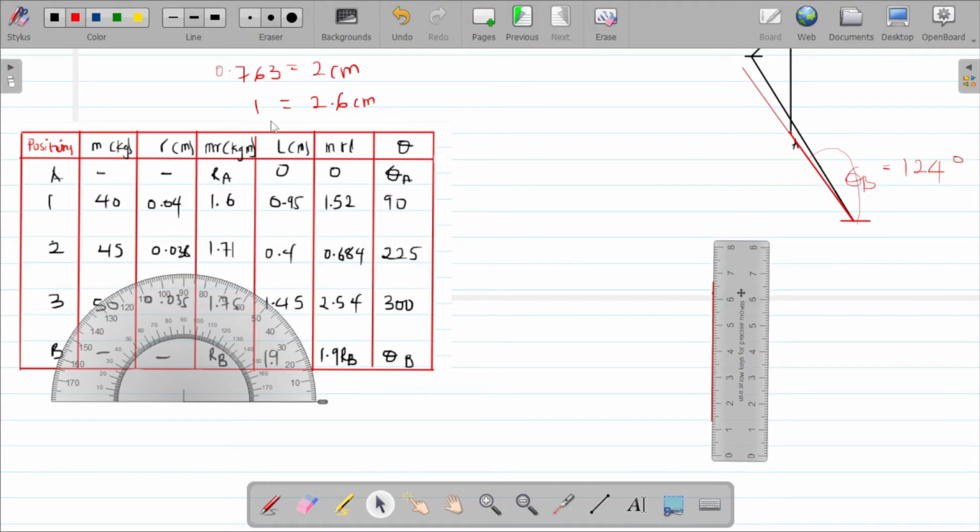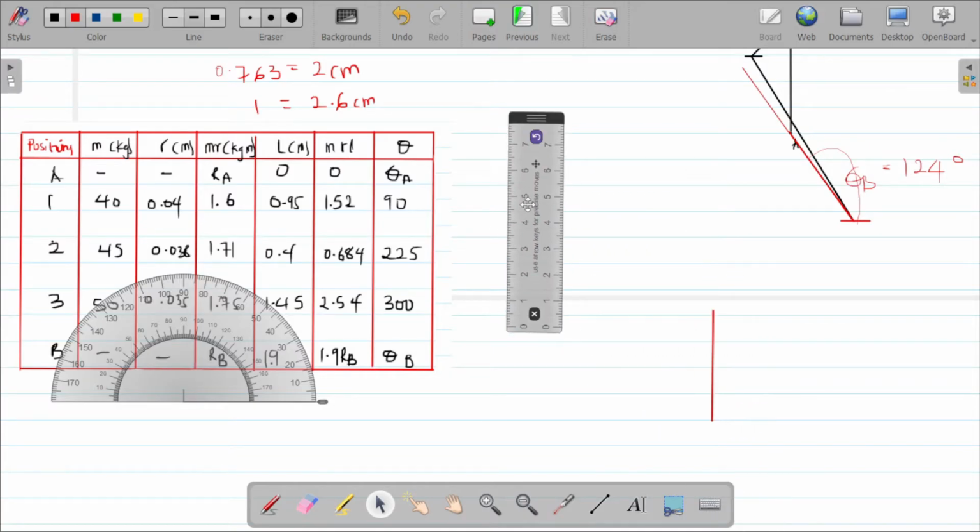So you just say if 1 is equal to this, then 1.6 is equal to what? Then you just do 1.6 times 2.6. So you have 4.2. Okay, somewhere here. All right.